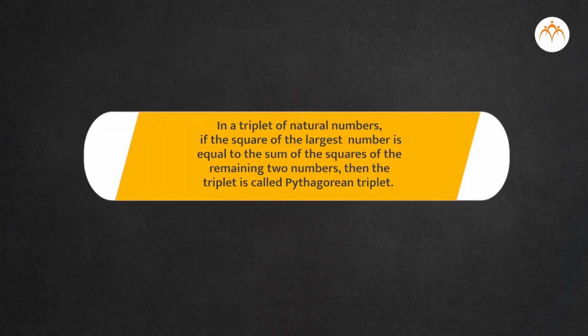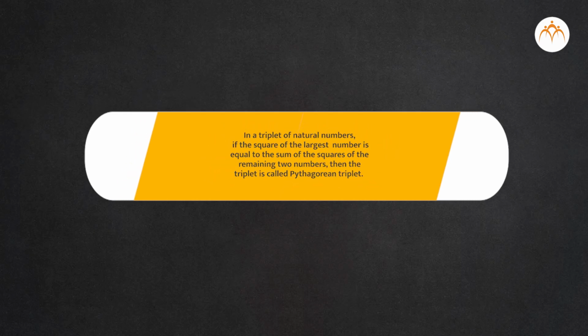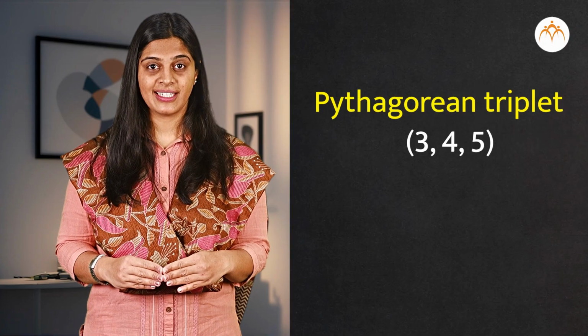Understand? In a triplet of natural numbers, if the square of the largest number is equal to the sum of the squares of the remaining 2 numbers, the triplet is called a Pythagorean triplet. 3, 4, 5 is a Pythagorean triplet.